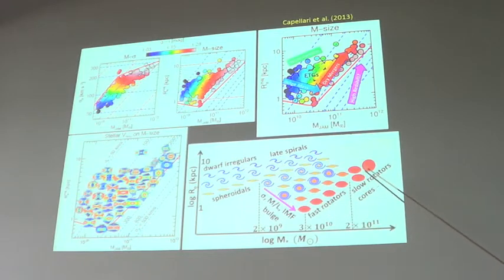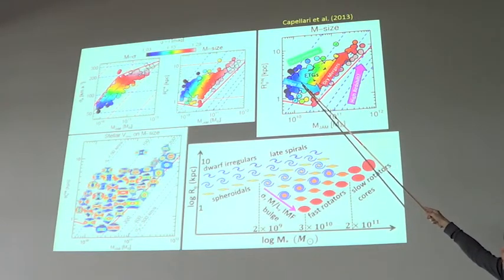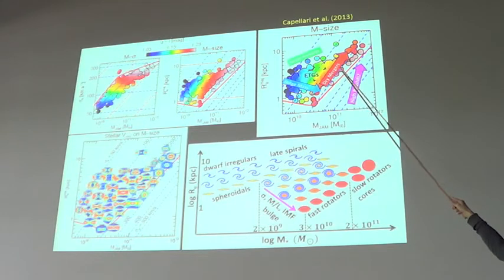So there is a physics that goes on that changes galaxies here. So what they conclude is that you start from spiral, then here there is a growing in the bulges, but then to form the very massive galaxies here, probably you have the dry mergers.